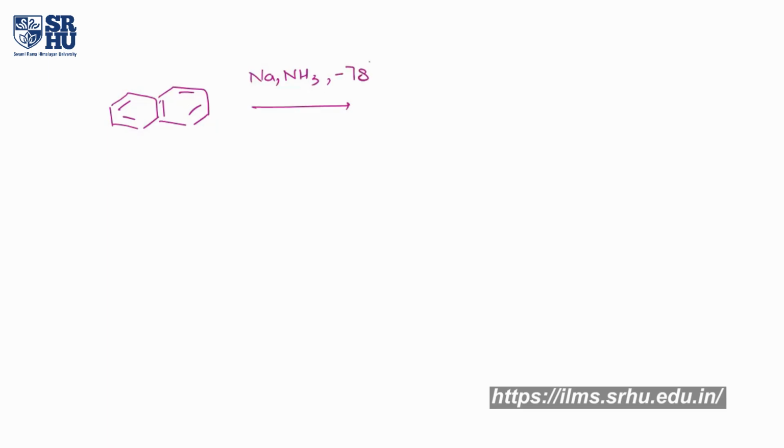The temperature is taken around -78 degrees Celsius. Ethyl alcohol is used as a proton donor. So due to this, a 1,4-cyclohexadiene kind of product is formed. So this is an example of Birch reduction.